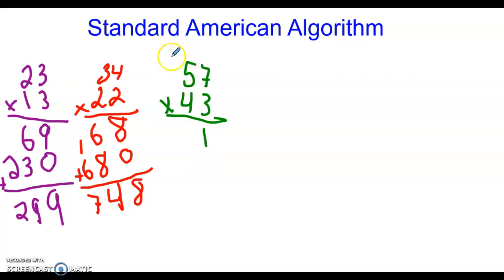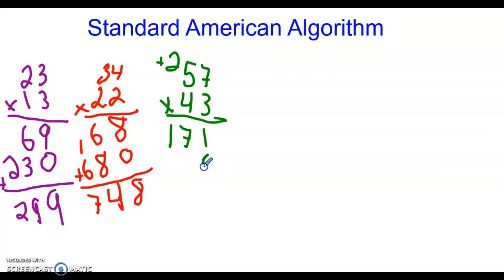Put the 1 down, carry the 2. 5 times 3 is 15 plus 2 is 17. So 57 times 3 is 171.